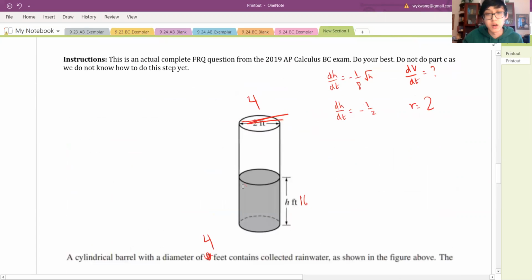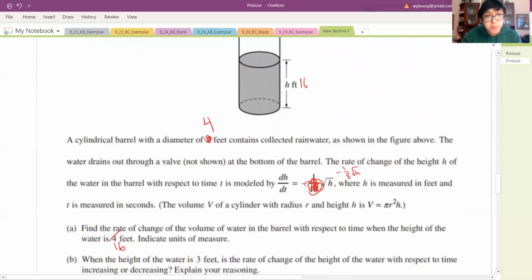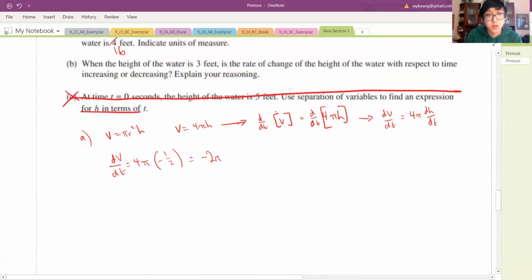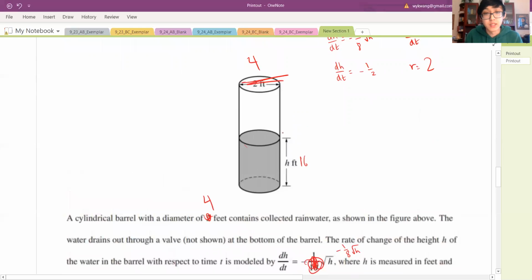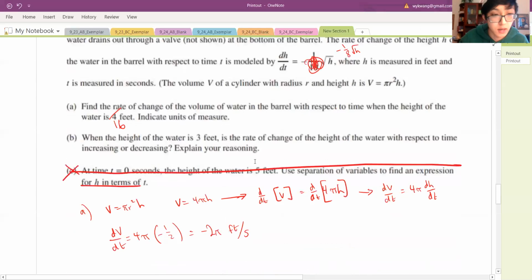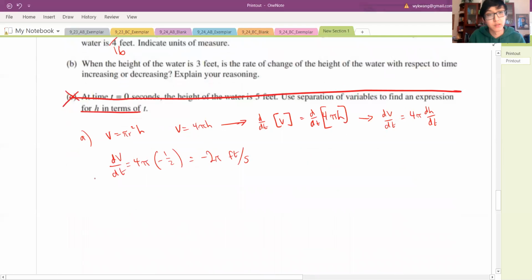And then the units are, what is it, feet per second. So in my example, this is decreasing at 2 pi feet per second. Cool.